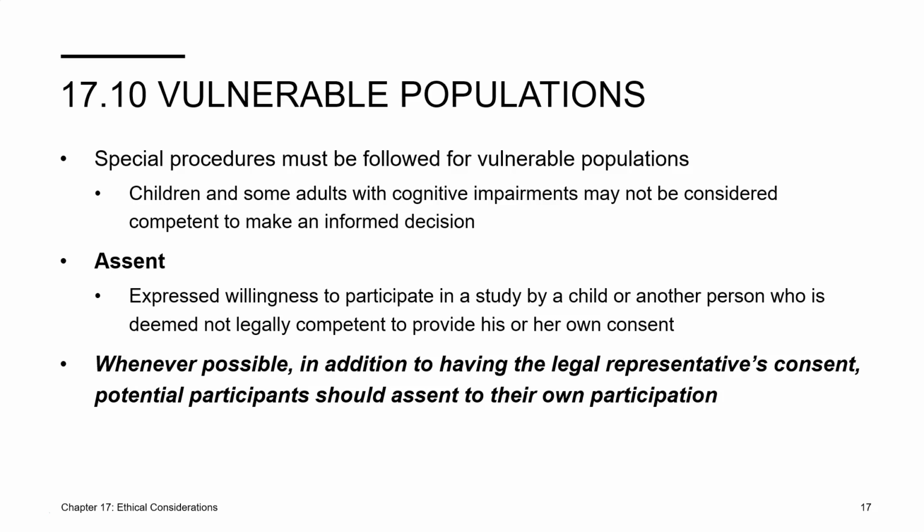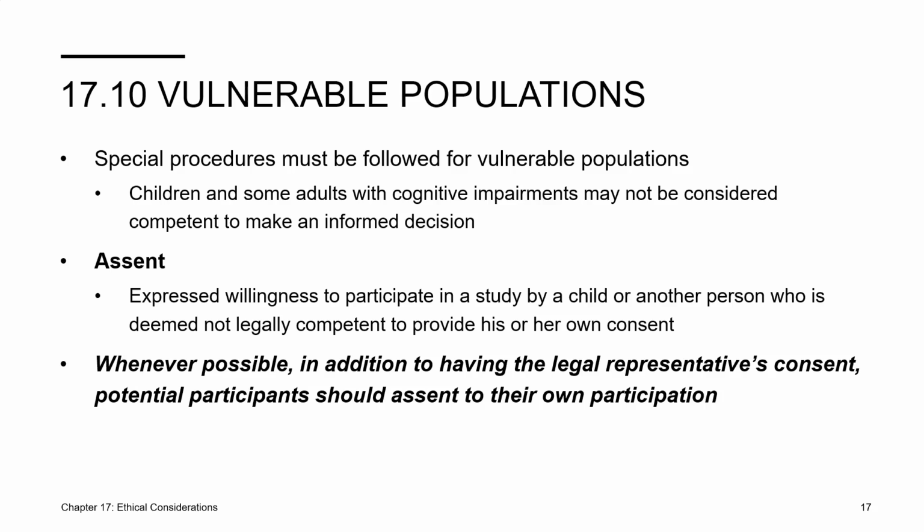Section 17.10 covers vulnerable populations, and special procedures must be followed for vulnerable populations. So children and some adults, say adults with cognitive impairments, may be considered a vulnerable population because they're not competent to make an informed decision. So when this happens, there may be a legal representative that can provide consent for them, but it's also important to have their assent.